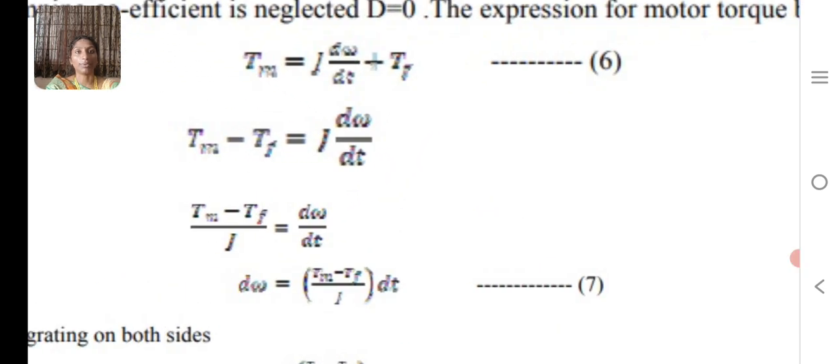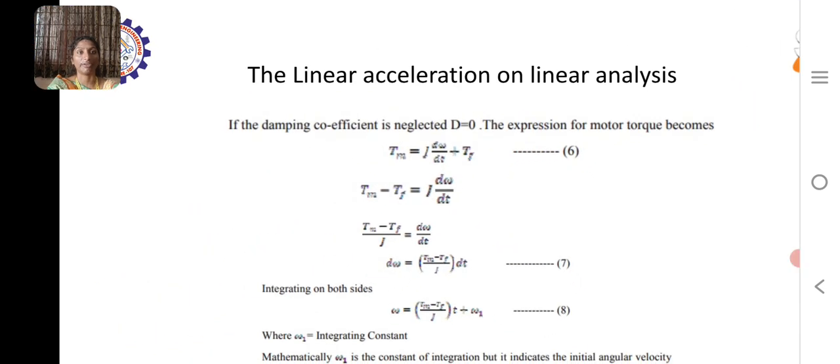And coming to the damping coefficient, if the damping coefficient is neglected, then we can consider d is equal to 0 and the equation becomes Tm is equal to J d omega by dt plus Tf. And let us make d omega by dt the subject.